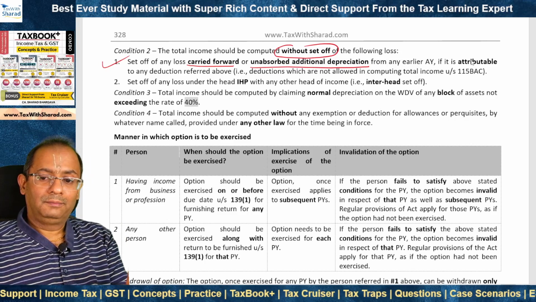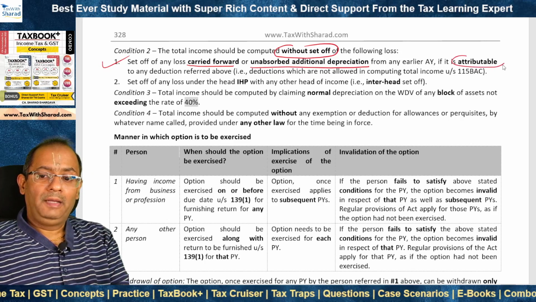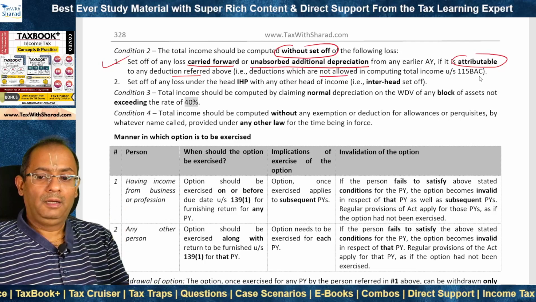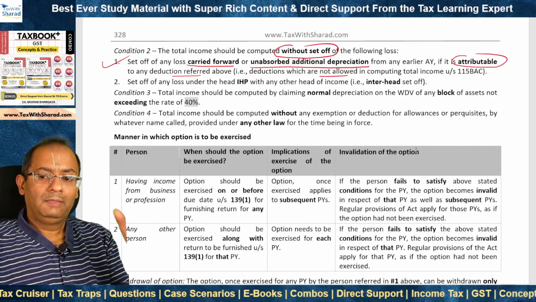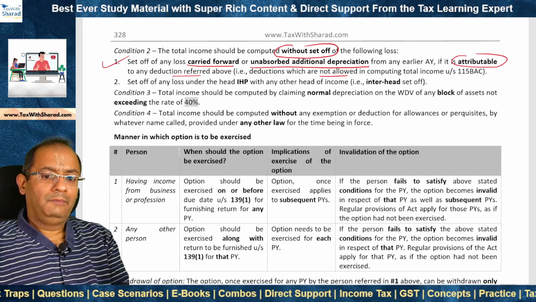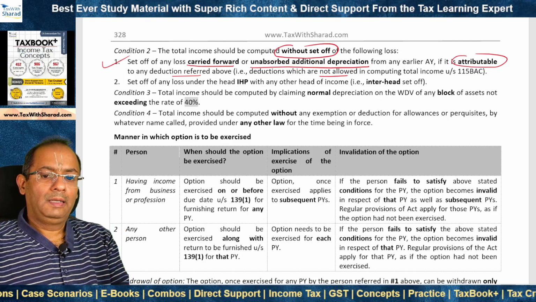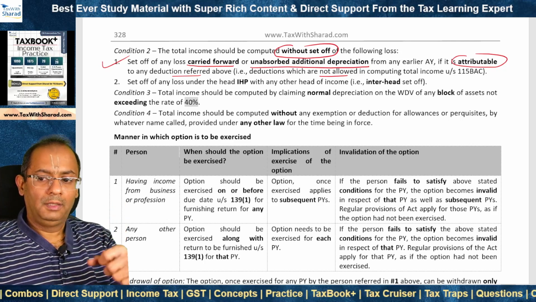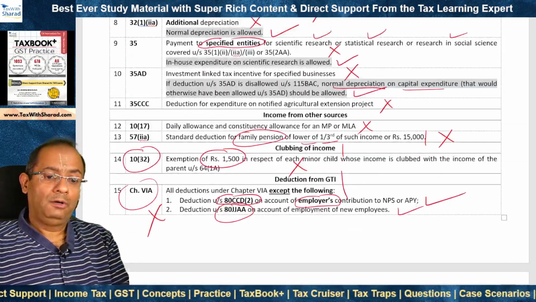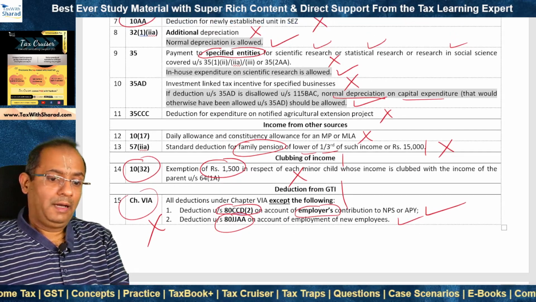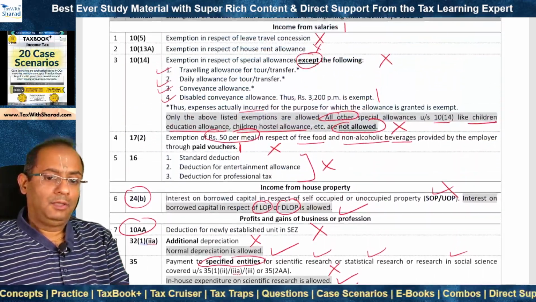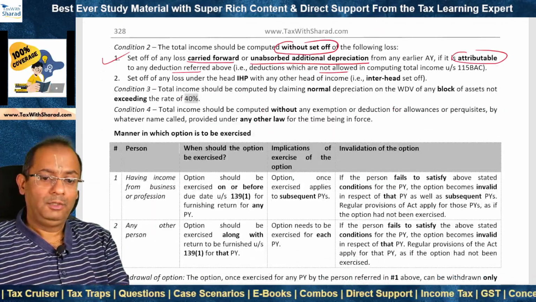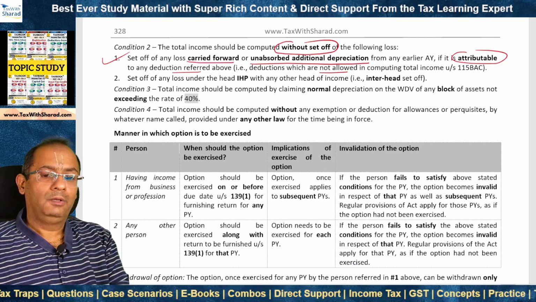But what is the condition? The condition is that it should be attributable to any of the deductions which are not allowed in computing 115BAC income. That means if there is a loss or unabsorbed additional depreciation which has been brought forward, and it is attributable to any of these items, the list of deductions that we have seen that are not allowed in computing 115BAC total income, then set off of such loss is not allowed.